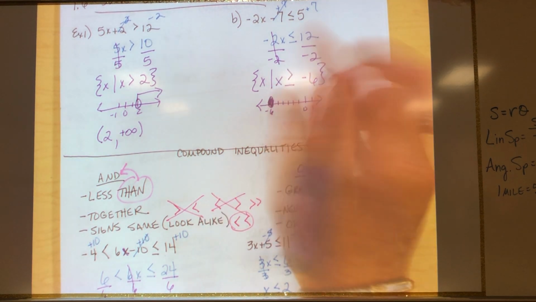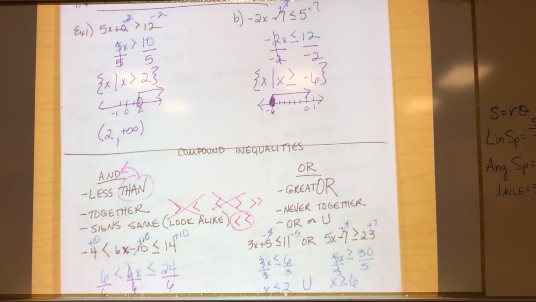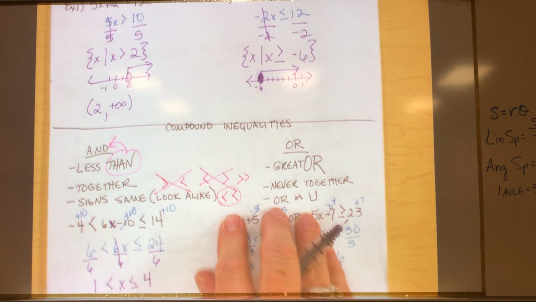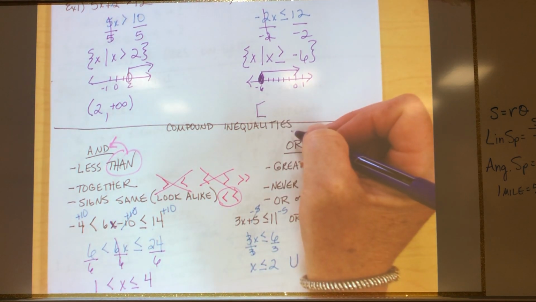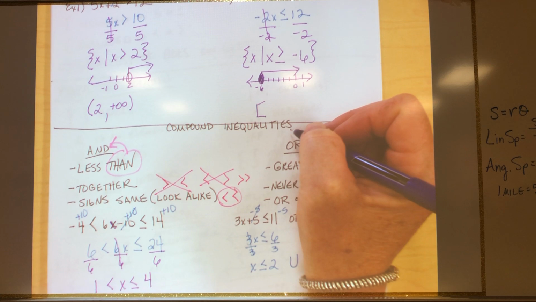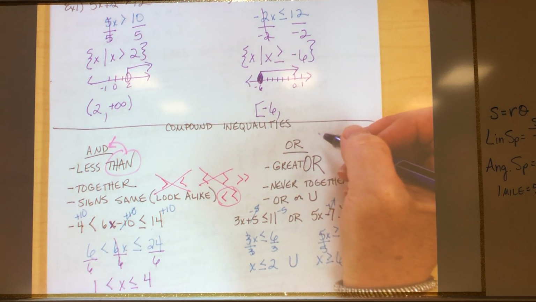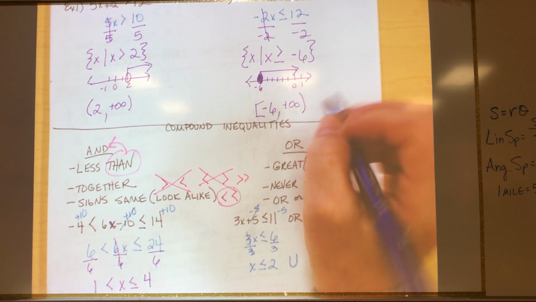X is greater than, and greater than goes to the right. What does interval notation look like? Bracket? Yes, -6, comma, what? Positive infinity. Very good, and a parentheses.